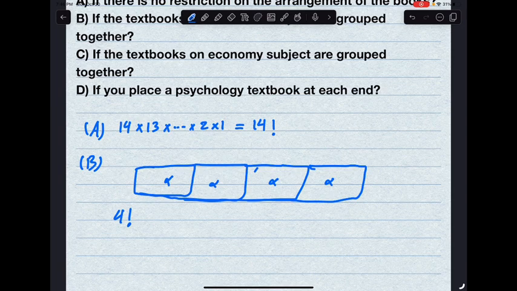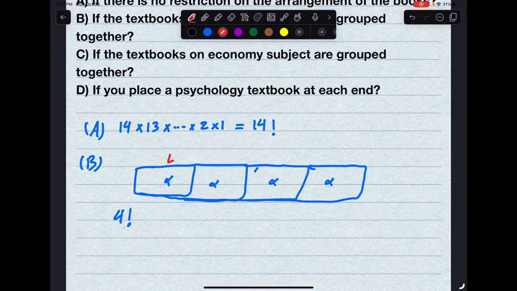For each of these 4 factorial situations, let's say, for example, we have linear algebra here, psychology here, sociology here, and economy here. That's one of these 4 factorial situations that can happen for this question.